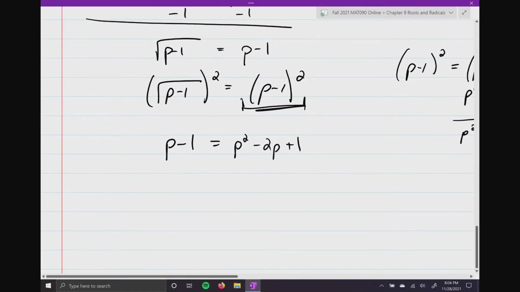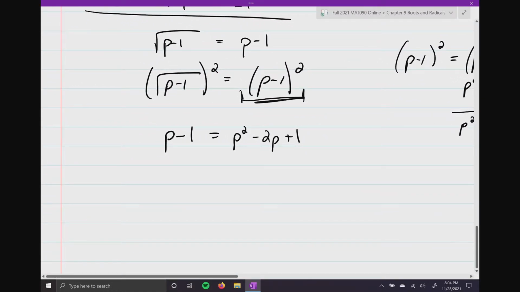Now notice here, this resulting equation, which is step 3 where we have to solve, is quadratic because of this term right there. It's not linear. The 2 dominates. So this is going to be quadratic, so we know we have to get it equal to 0. I'm going to add 1 to both sides.